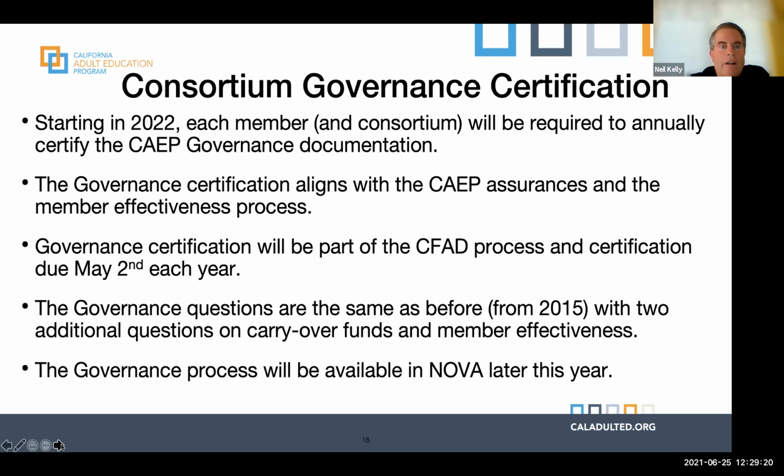So with that, we are going to take that consortia document regarding governance, and those questions are still valid. We're going to add a couple of new ones and we'll go over that. And then you'll be required to certify and submit that with your CFAD every year. So that May 2nd date that you submit your CFAD will also be the date that you're certifying to your governance. The questions are the same.